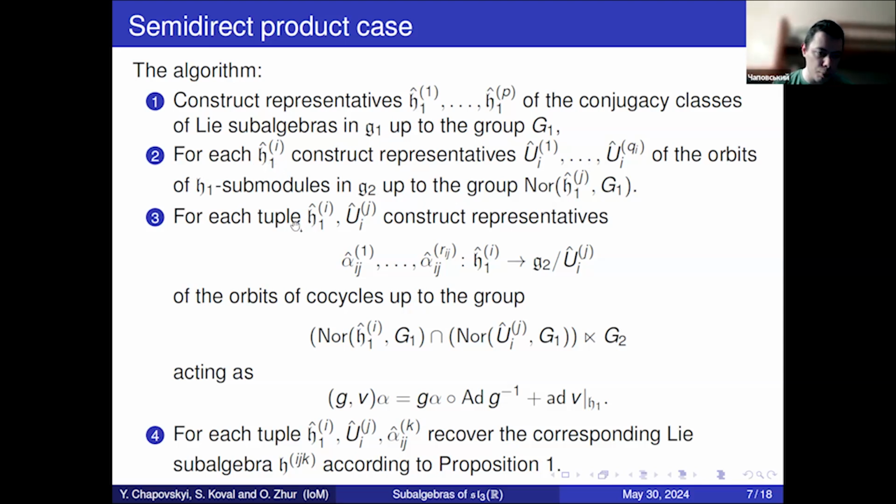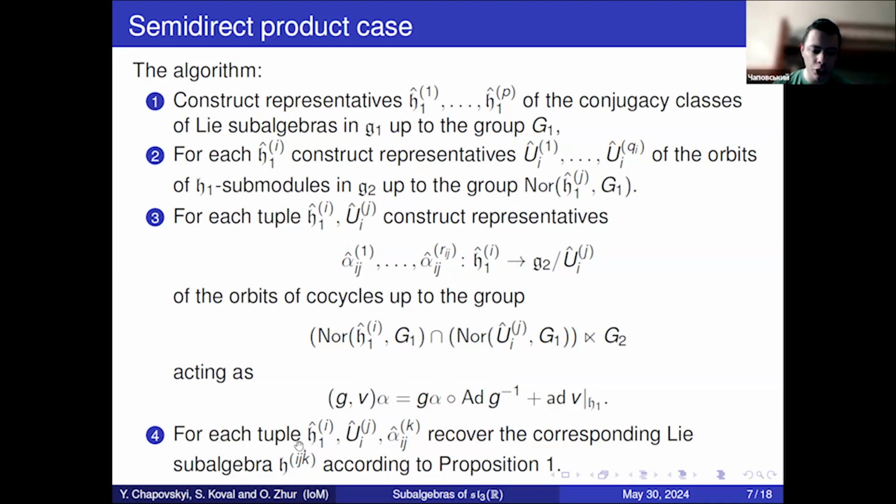Then, for each pair of representatives H1 and U, we construct representatives of cocycles up to the group of all elements that do not move both H1 and U with the following action.